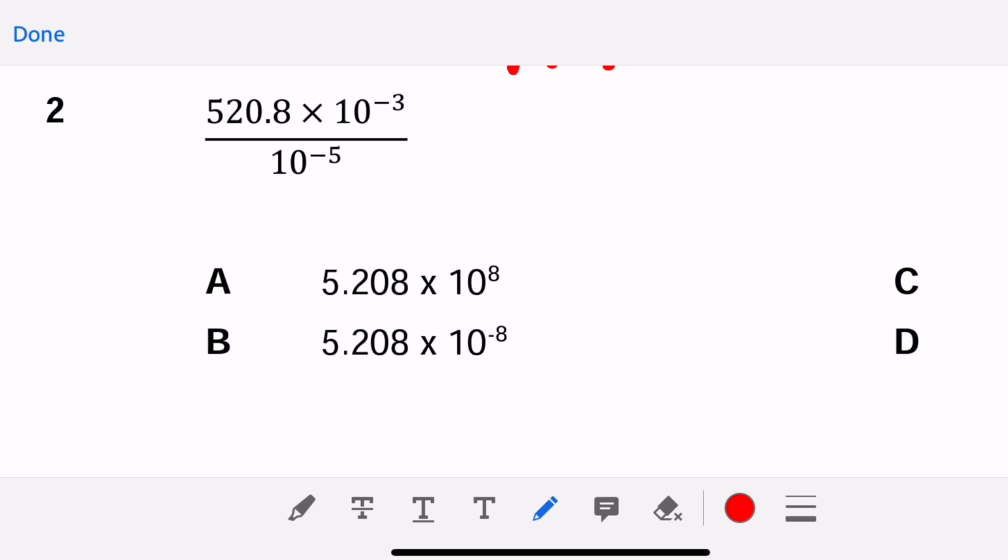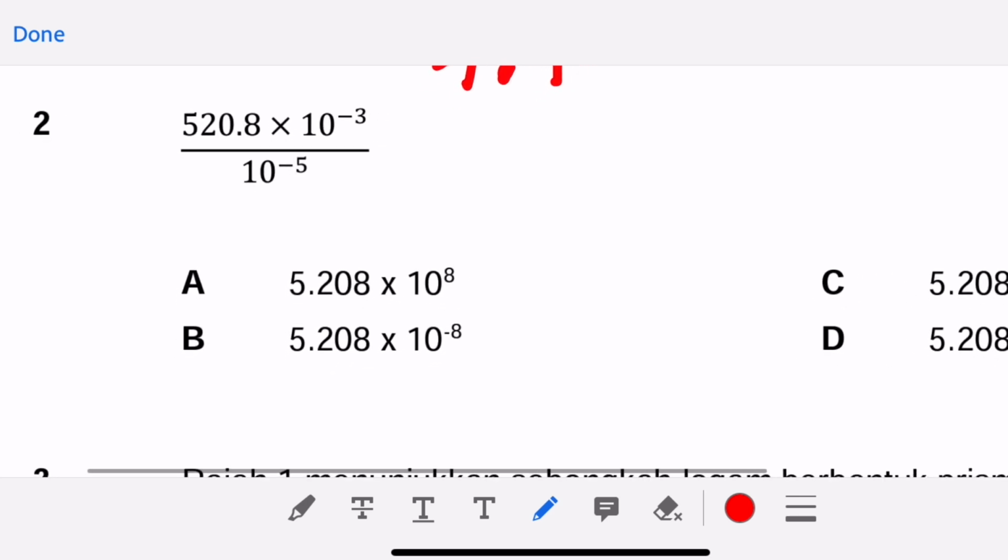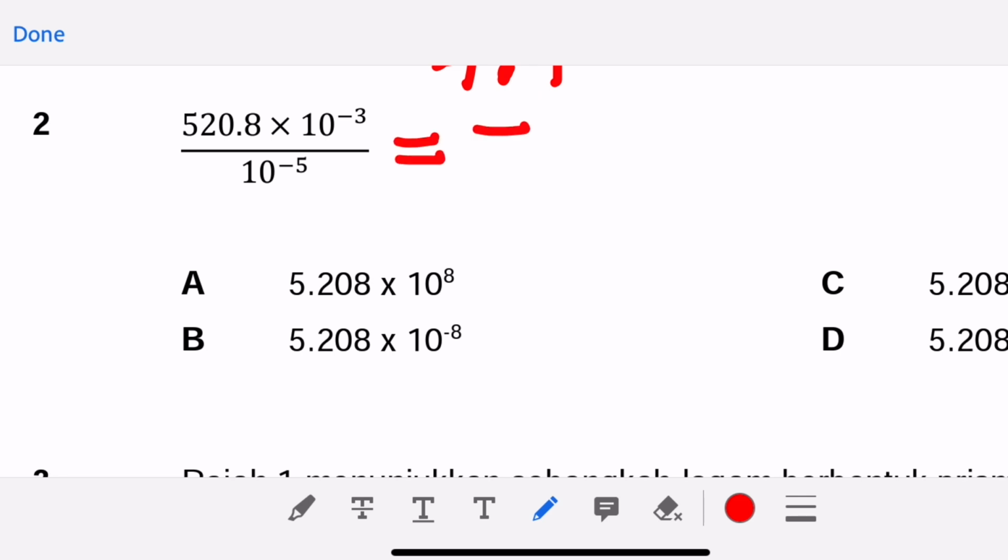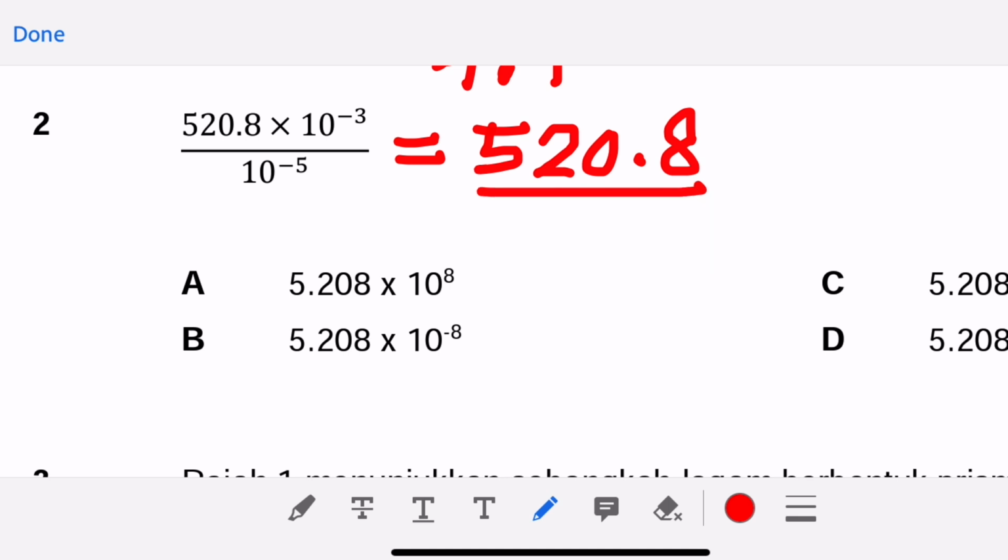So let's see question number 2. Still standard form. For this question, 520.08. We have to make sure we convert this into a standard form number. Standard form is A times 10 to the power n.